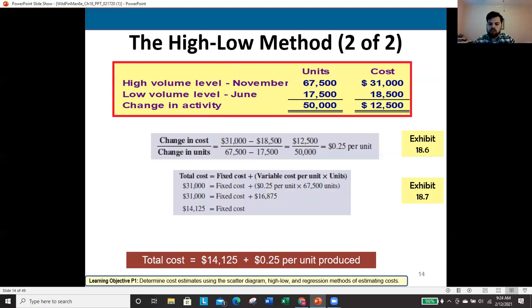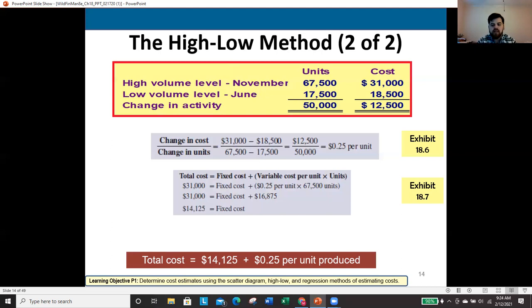And if each one of those incurred 25 cents of variable cost, that tells me that of the $31,000, $16,875 must be variable, meaning the remainder, that $14,125, must be my fixed cost. Now with this cost equation, I can figure out for any volume level what I project my total cost to be. And this works pretty well.